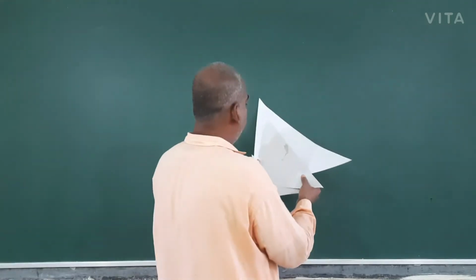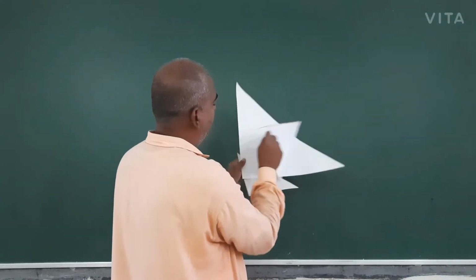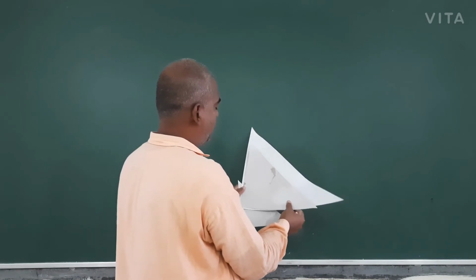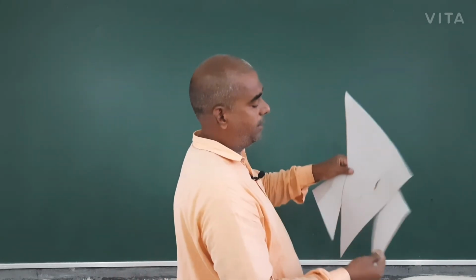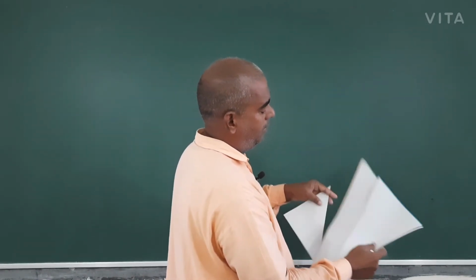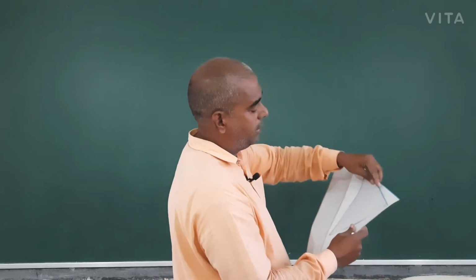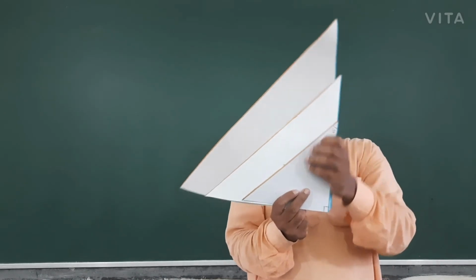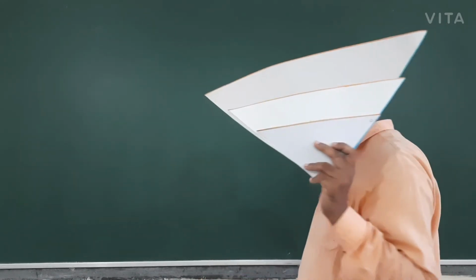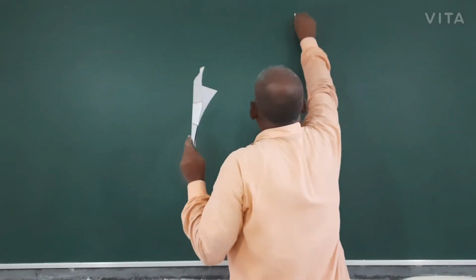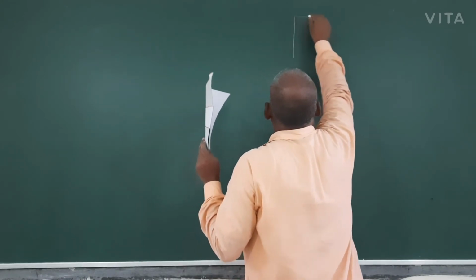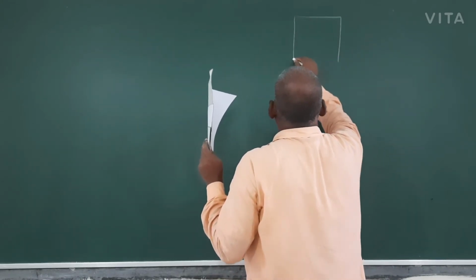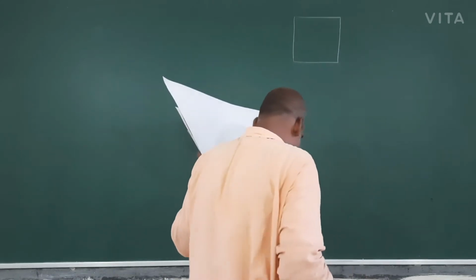For this type of triangles, what we have, because these triangles are made up of squares, 45. In any square, the sides are same.